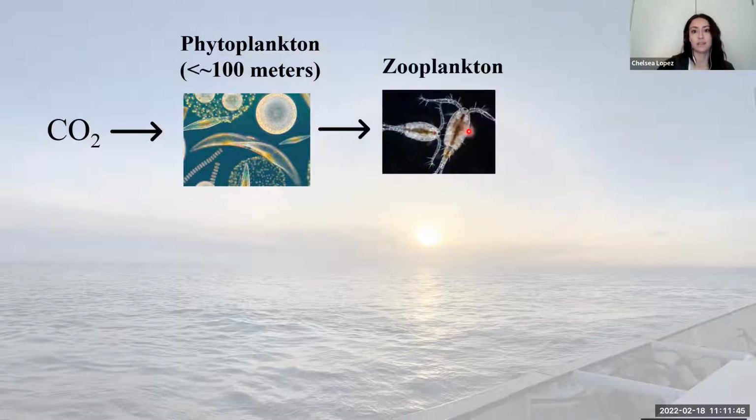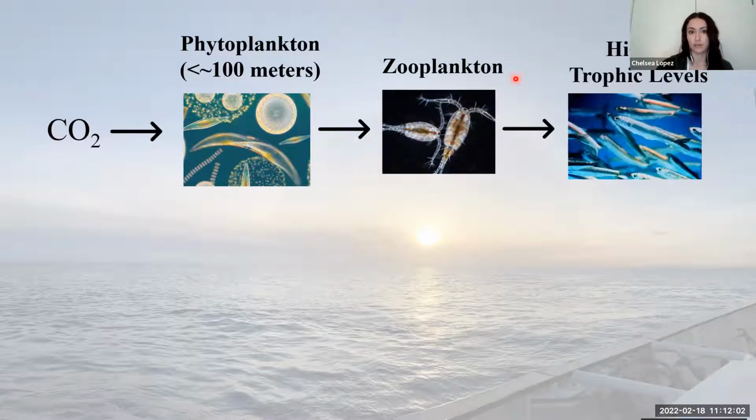And so zooplankton consume the phytoplankton, and they are transferring carbon from that phytoplankton into larger forms of life that transfer carbon into bigger particles. You can think of a zooplankton itself as a particle. And that transfers into higher trophic levels.